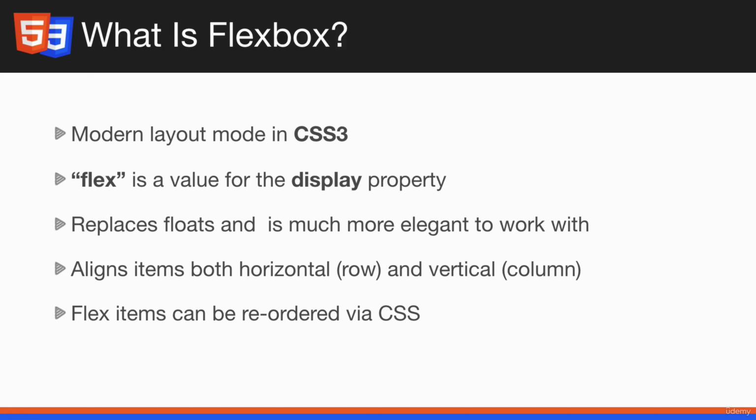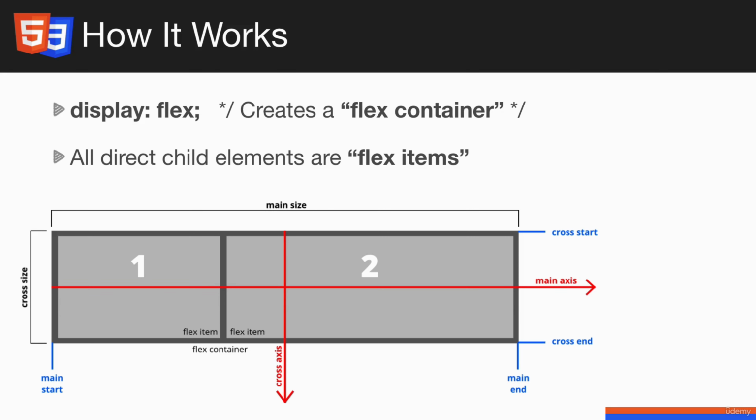We also have display flex, and it replaces floats. It's much more elegant to work with. We can align items both horizontal and vertical, and flex items can also be reordered via CSS. So we can actually reorder the way that our items are laid out without having to change the markup, without having to change the HTML.